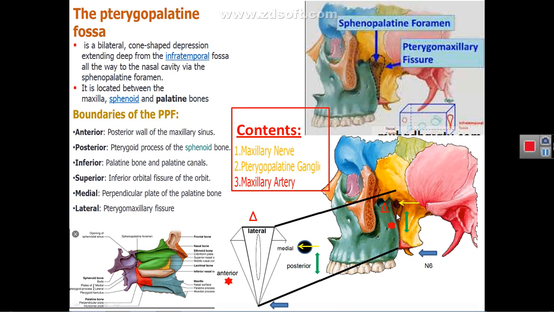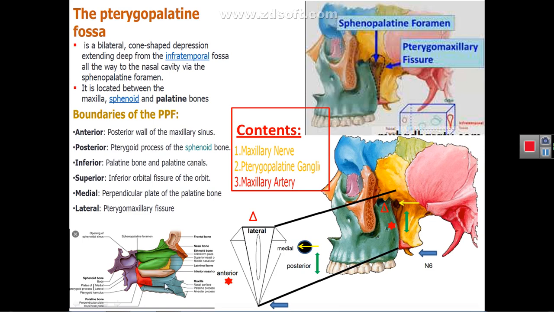Regarding the medial wall, which is, as I said, the vertical plate or perpendicular plate of palatine bone containing this foramen, which is the sphenopalatine foramen that connects this fossa with the nasal cavity medially, I want you to look at this figure. This is a sagittal section into the nose. This is the nasal cavity.